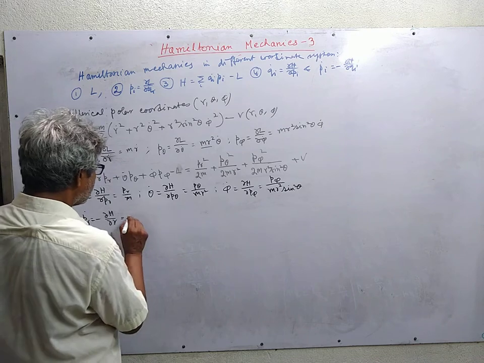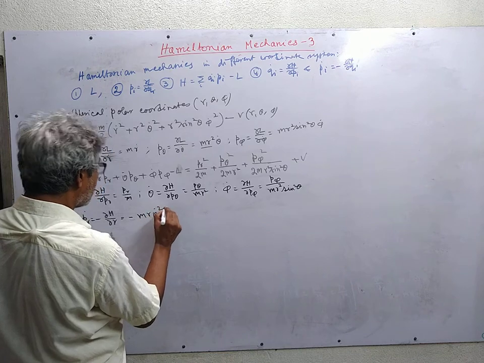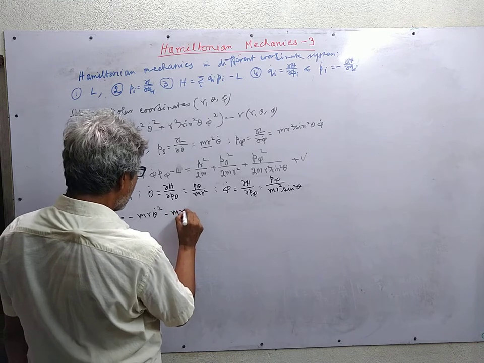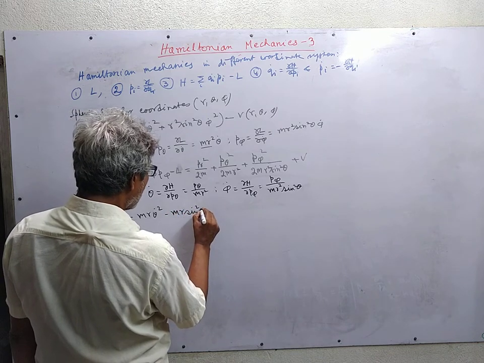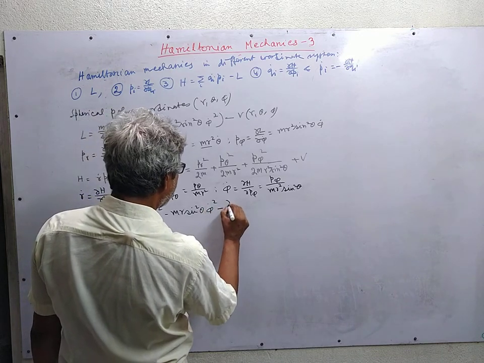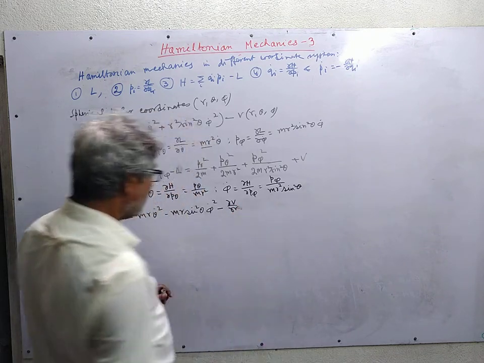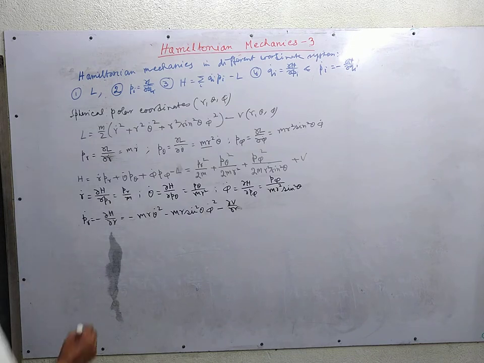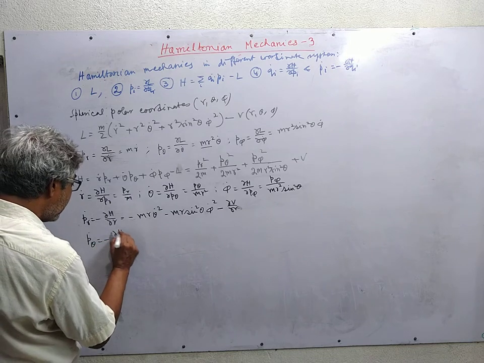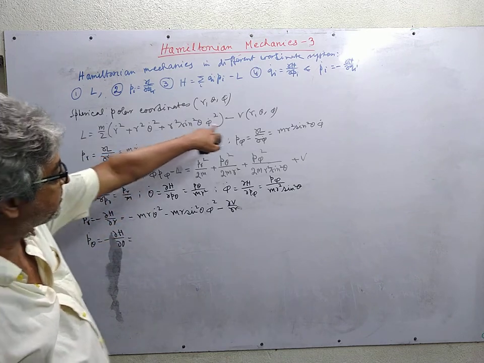So first is minus m r theta dot square, contribution from this, minus m r sine square theta phi dot square, minus del V del r. This is the radial equation. Then P theta dot is equal to minus del H del theta. This is a term which depends on theta.